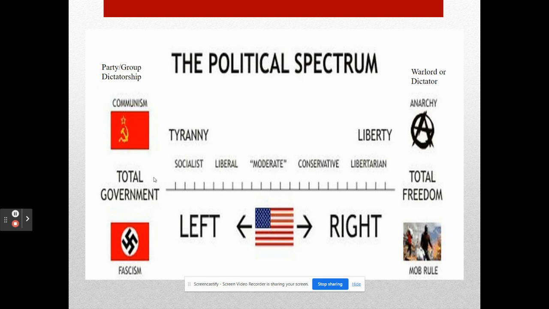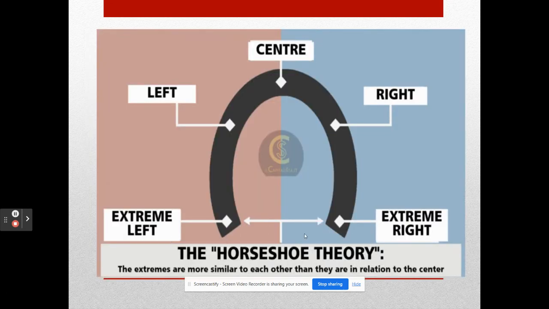But if it makes sense to you that they're on opposite ends of an extreme for each of them, that's fine. If it makes more sense that because of this sort of drift, they're actually closer to each other, that works too. Personally, I think the horseshoe explanation is better. Not everybody does. But that's the political extremes.